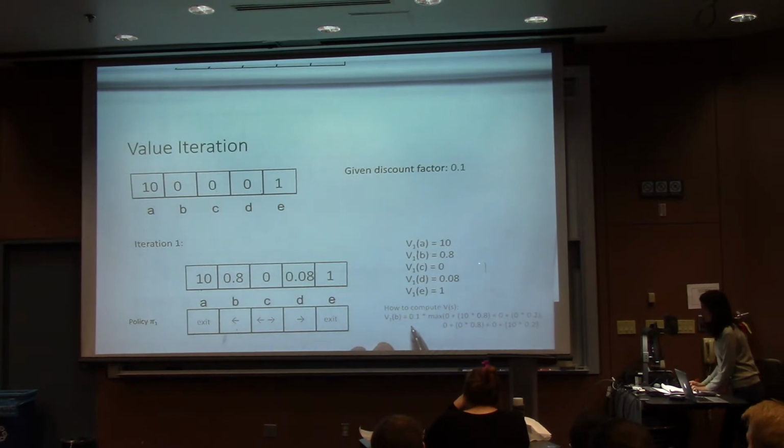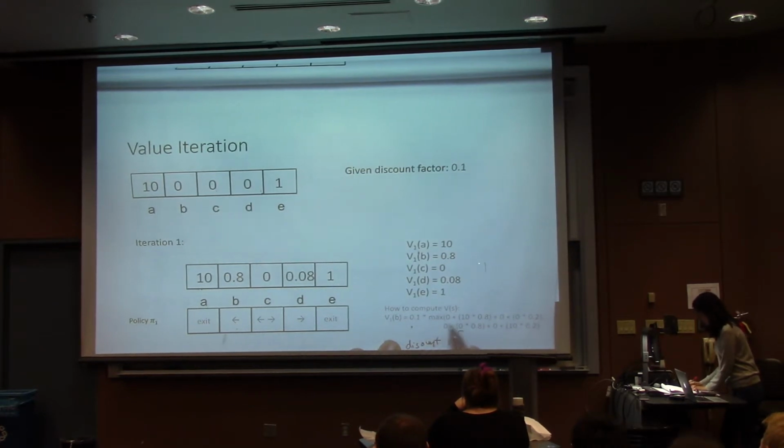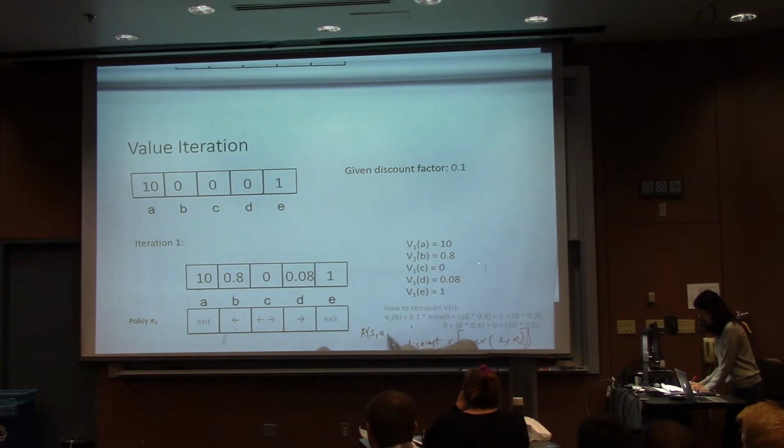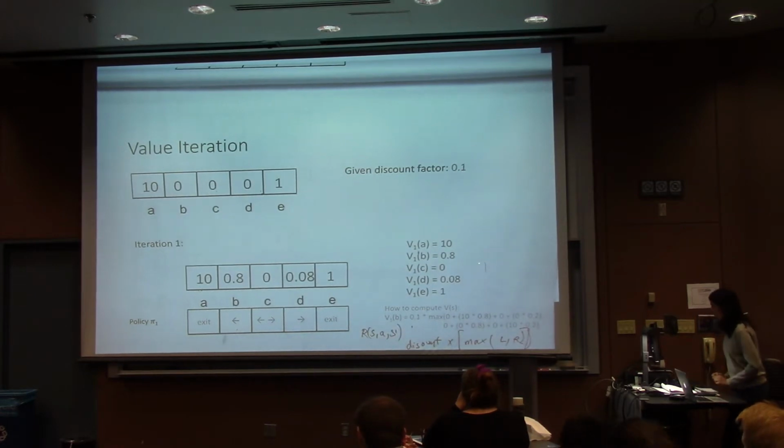Now how you would do that is, you would take the discount factor times the max of either the left or right actions. This formula is basically the one that we saw in one of the previous slides, where the reward was defined with respect to S, A, S dash.